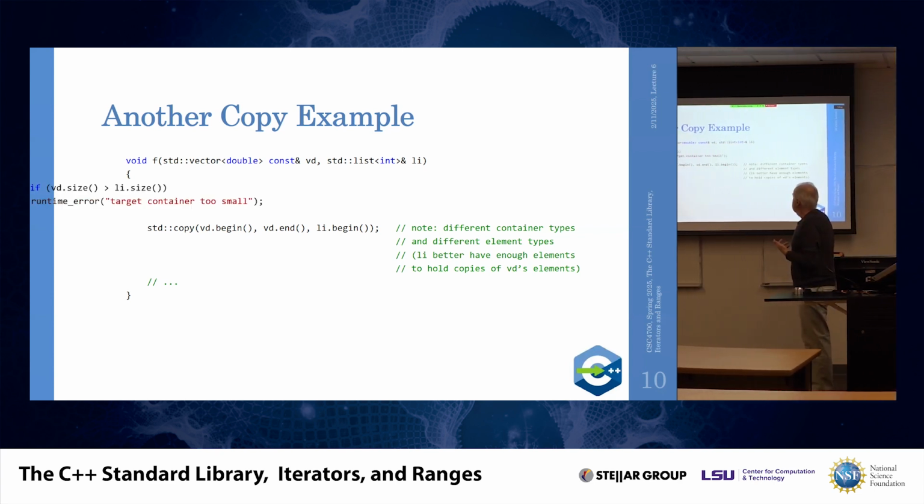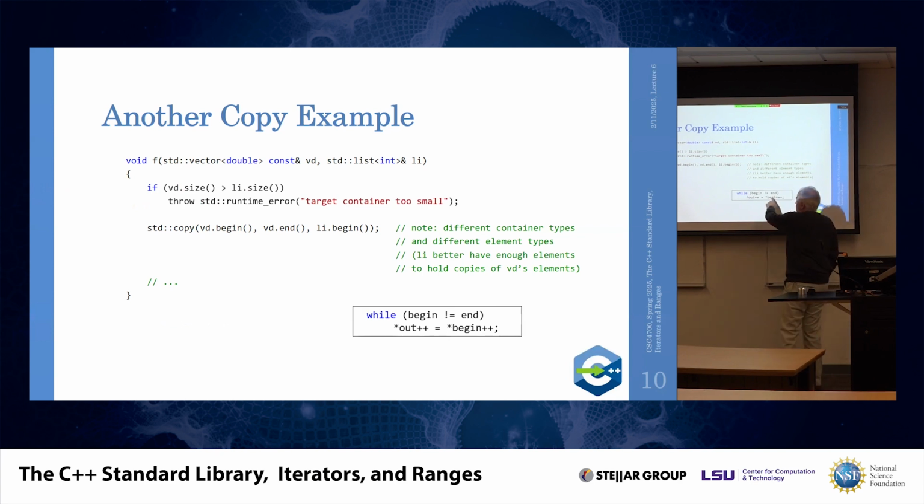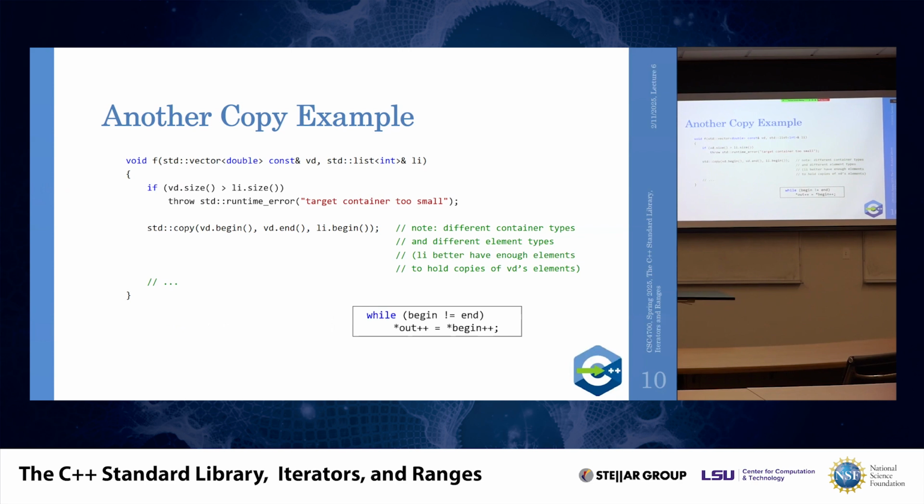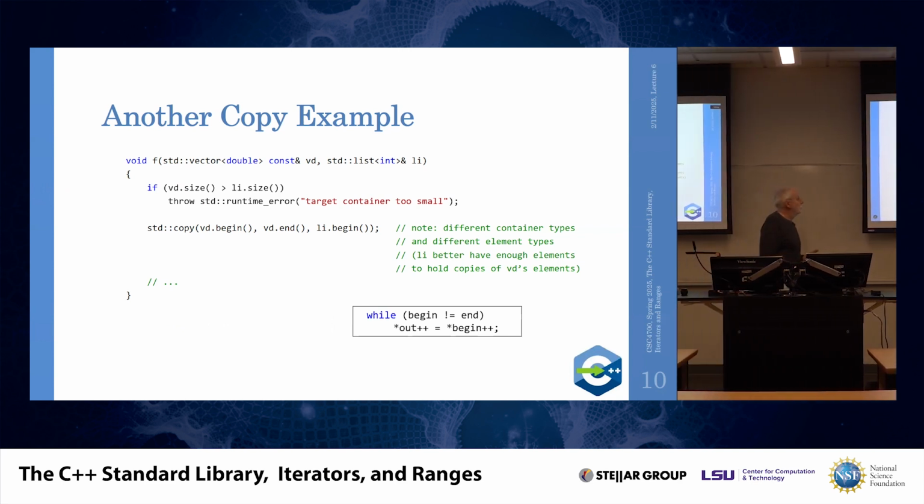All it relies on is that whatever begin returns is convertible to whatever out expects. So a double is convertible to an integer, so everything's fine. Copy will do what it's supposed to do.